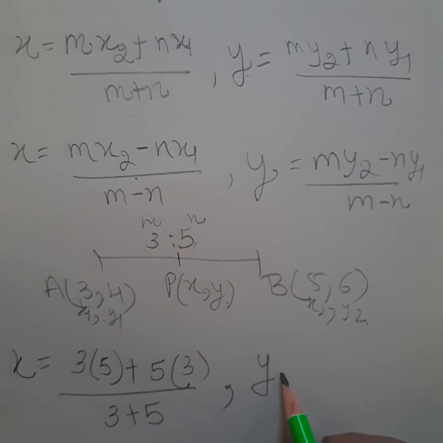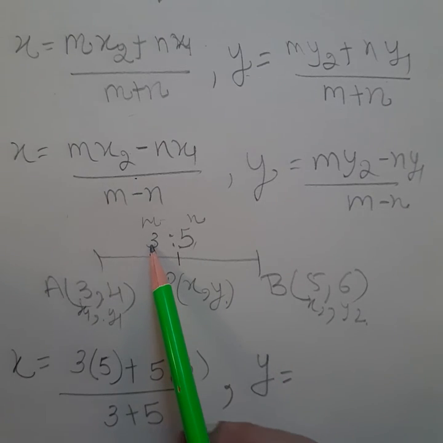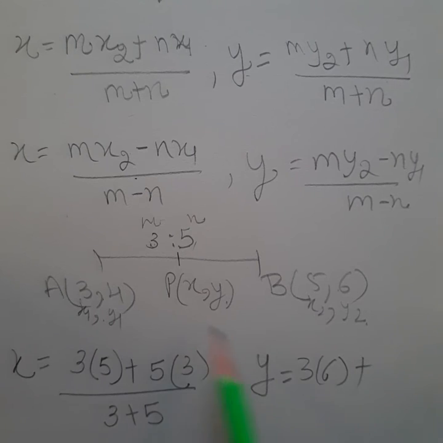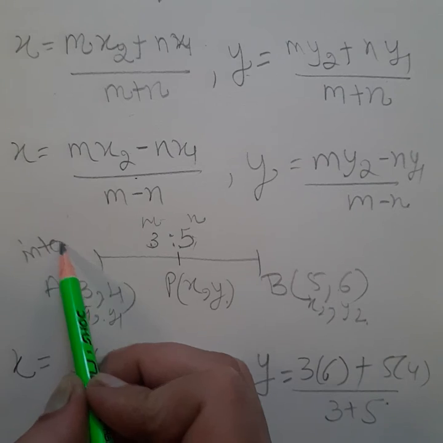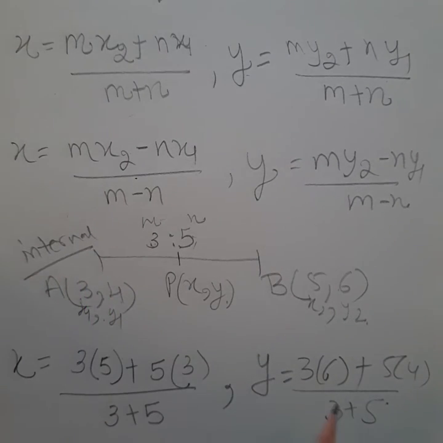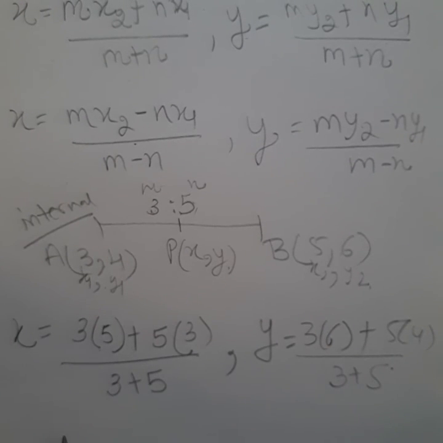Now for the value of y we can multiply 3 by 6 and plus 5 by 4, and we can add 3 plus 5 in the denominator, since we are given the internal division. Okay, so how we can solve it?